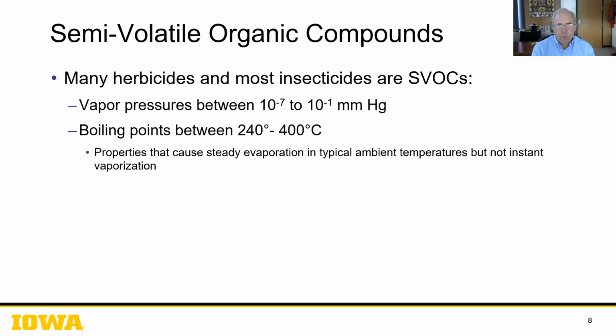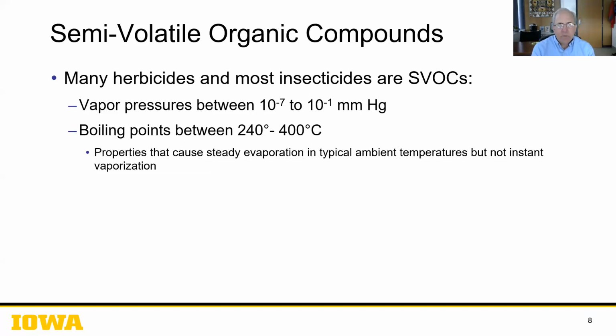They have vapor pressures somewhere between 10 to the minus 7 and 10 to the minus 1 millimeters of mercury. In terms of atmospheres, you can just back it off one digit, so it's about 10 to the minus 8 to 10 to the minus 2 atmospheres. And boiling points between 240 and 400 degrees centigrade, so pretty high.